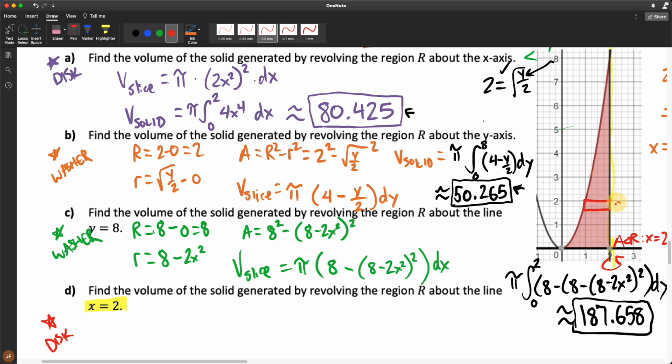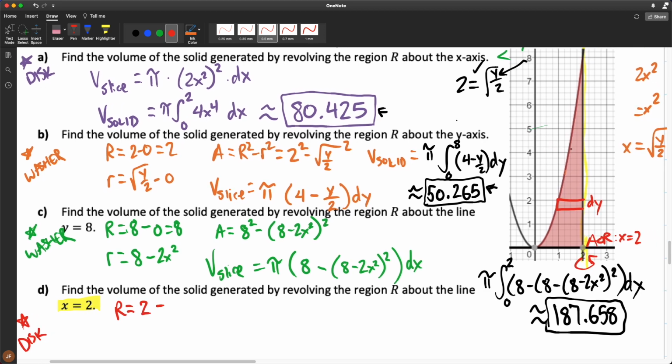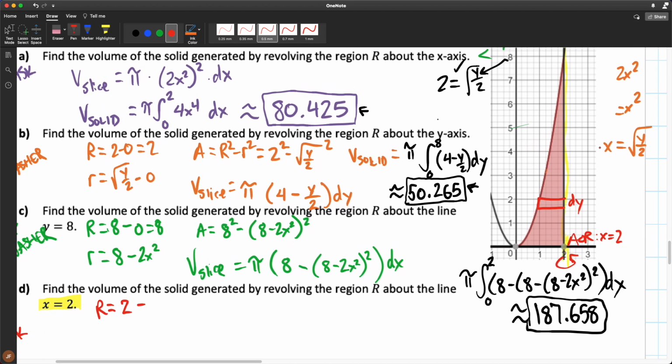These are going to be dy slices. And if we go right minus left for our capital R, the right is that x equals 2. The left side is this function here. Since we're doing dy slices, we're going to need it in the x equals form. So we're going to use that x equals root y over 2.